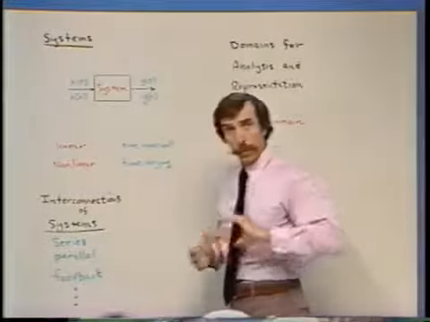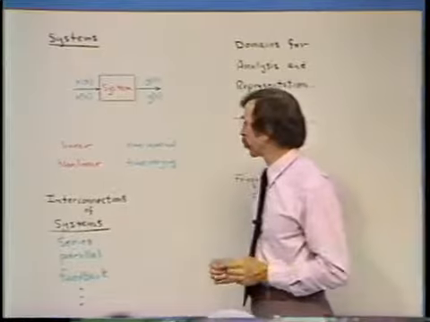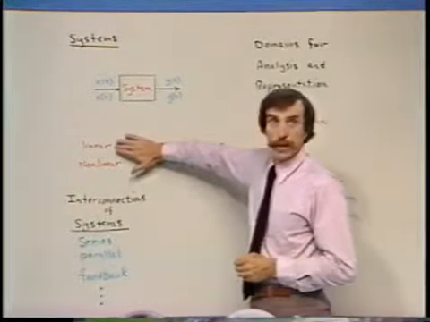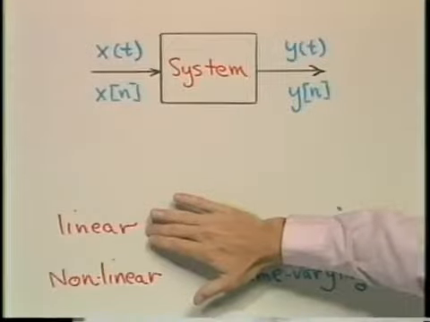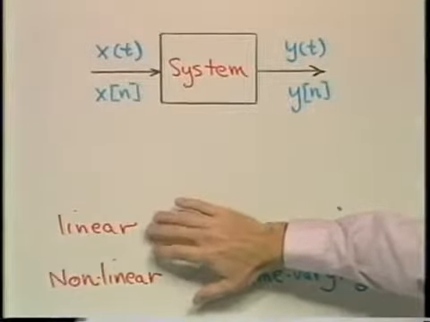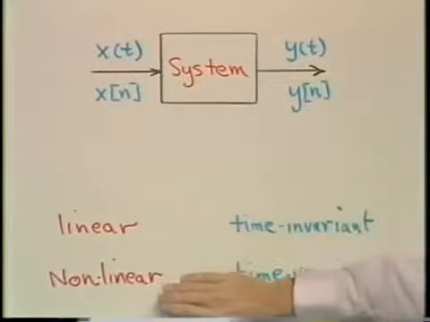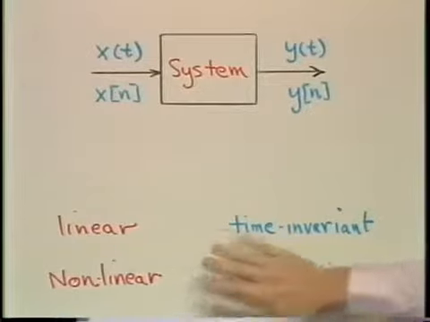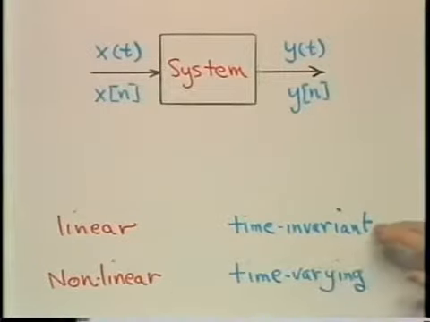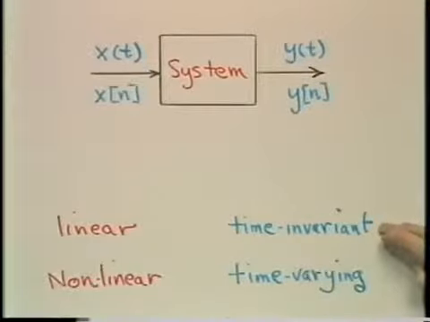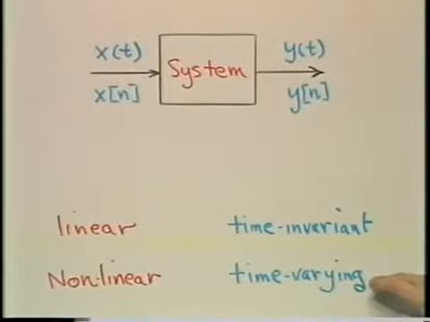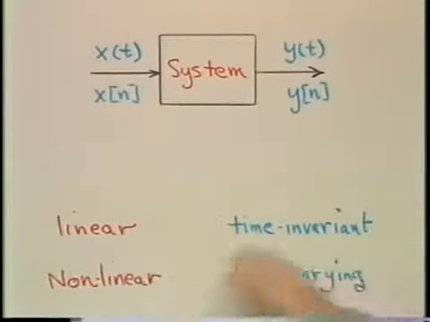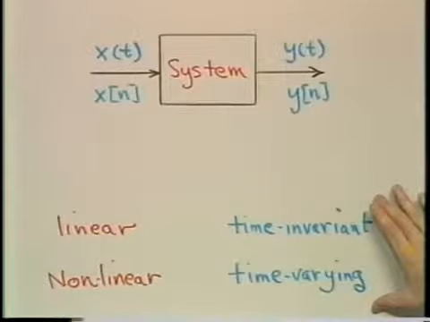We could divide systems basically into systems that are either linear or nonlinear, and also divide systems into systems that are what we'll refer to as time invariant or time varying systems. And these aren't terms that we've defined yet, of course, but we will be defining in the course very shortly.